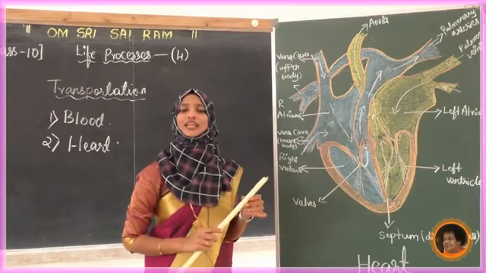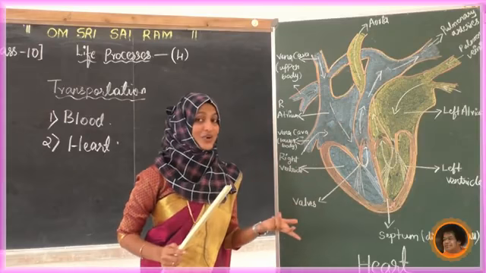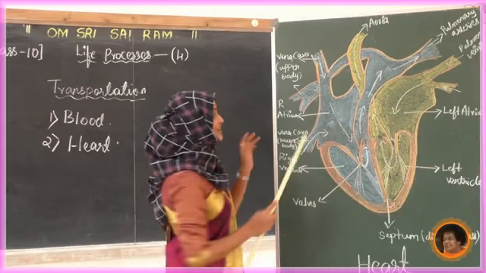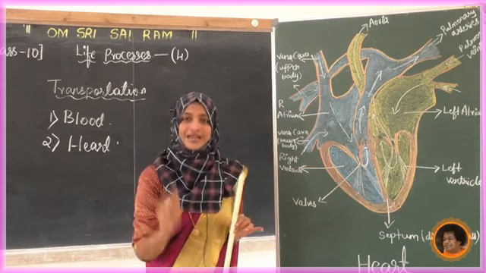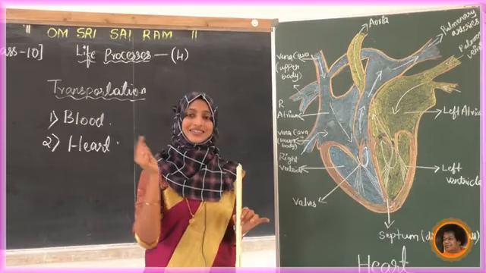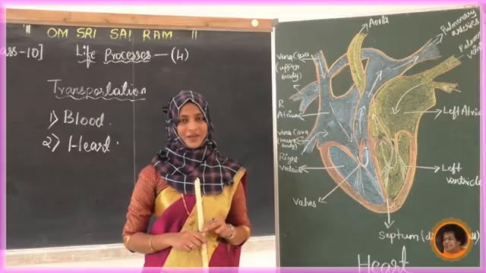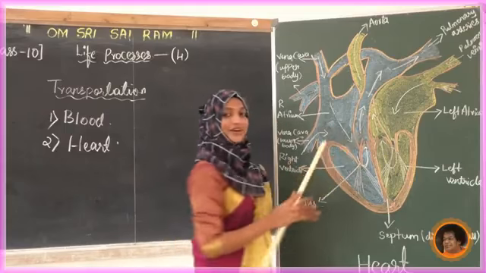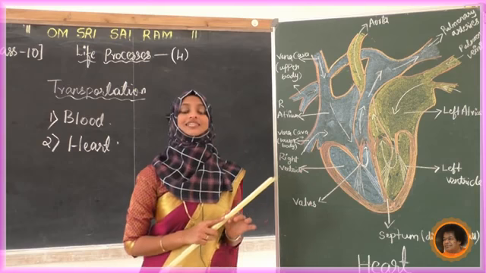It reaches the lungs. You know what it is doing in the lungs? These bloods carry carbon dioxide, because they come from different parts and different cells of our body. This is deoxygenated blood.